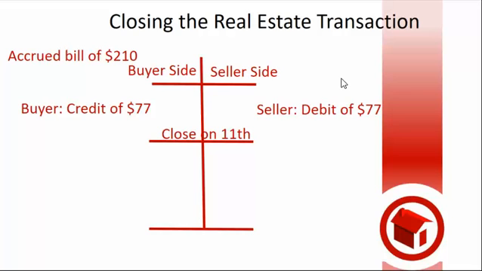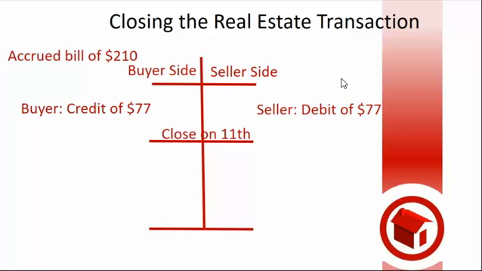It's an accrued, ABC, accrued buyer credit. Okay? So now you can always tell what type of credit it is or bill simply by who gets the credit.